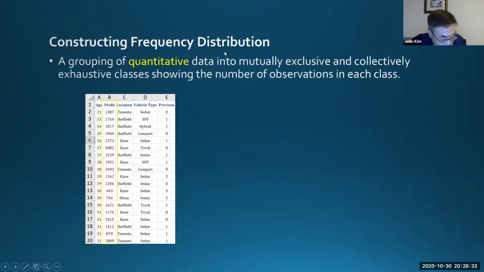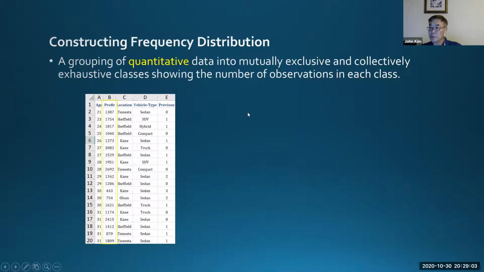It's like student grades: after a test, how many students are in the range of 90 to 100, 80 to 90, 70 to 80, and so on. That is a frequency distribution.